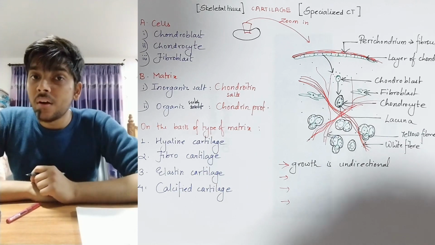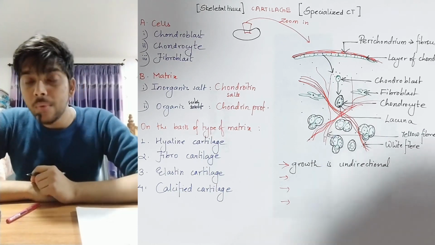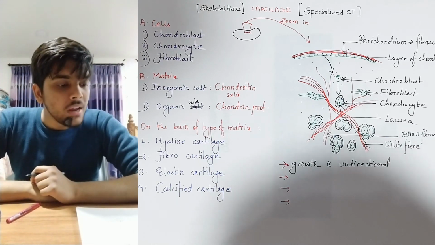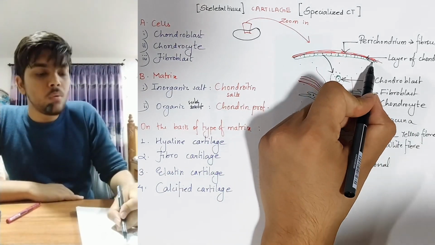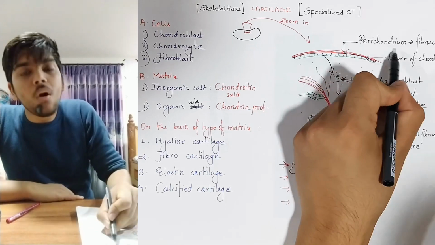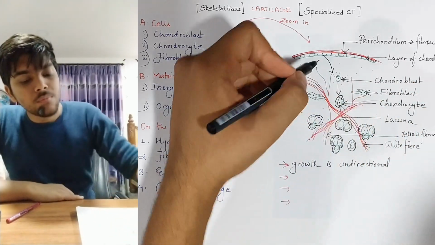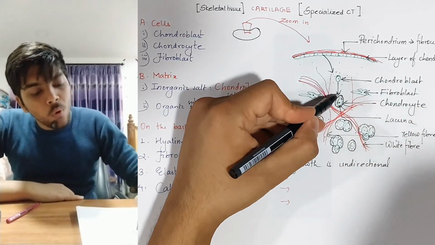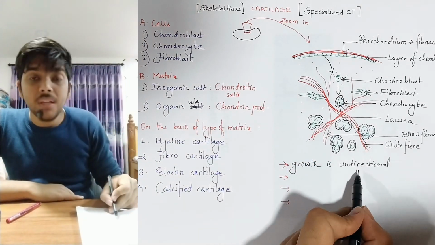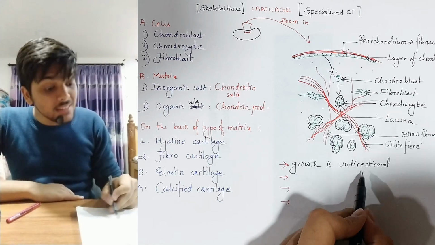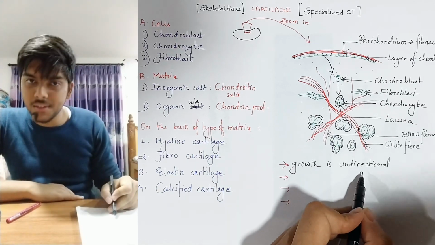There was one under periosteum and one above endosteum. However, in case of cartilage, there is only one layer of chondroblast, the one right below perichondrium. And this forms chondrocytes from only one direction. That means the growth of cartilage takes place in only one direction. That is, the growth is unidirectional.